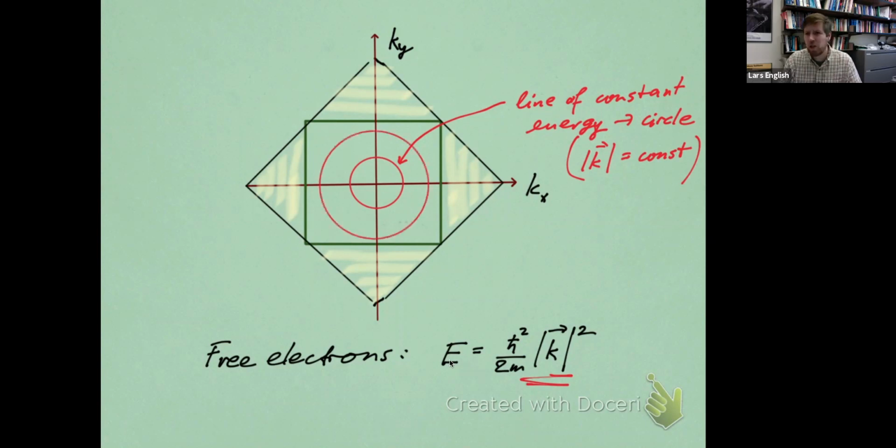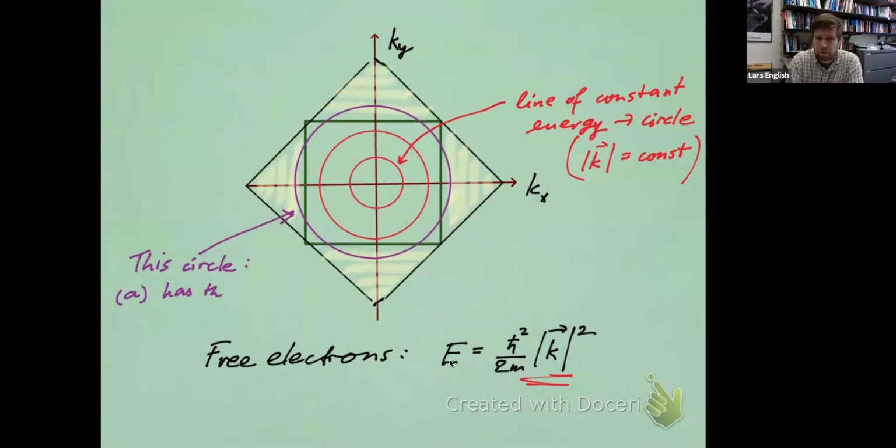So here's another circle. I tried to draw a concentric circle of a larger radius. Again, all points in k space that lie on that circle would have the same energy, now a larger energy. And then here is another circle.